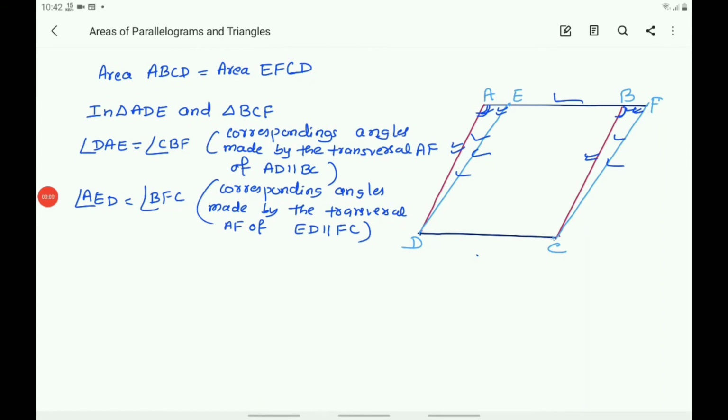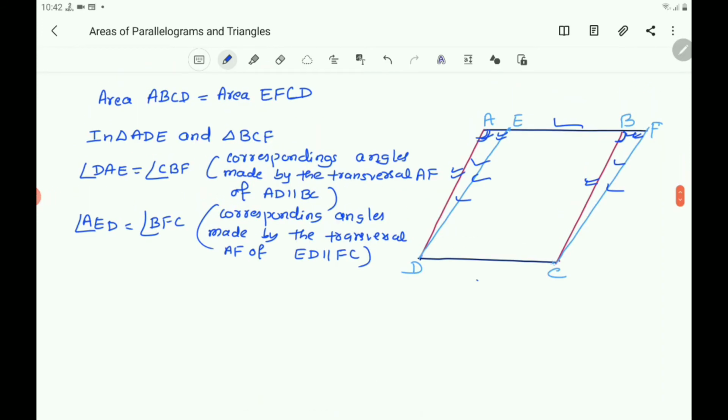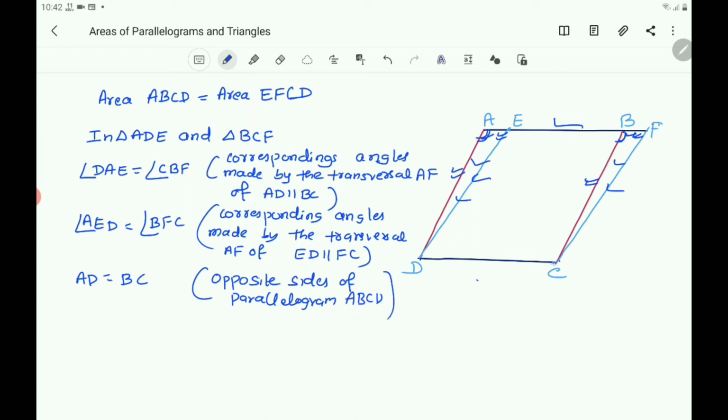Then AD equals BC. Why AD equals BC? They are the opposite sides of the parallelogram ABCD.